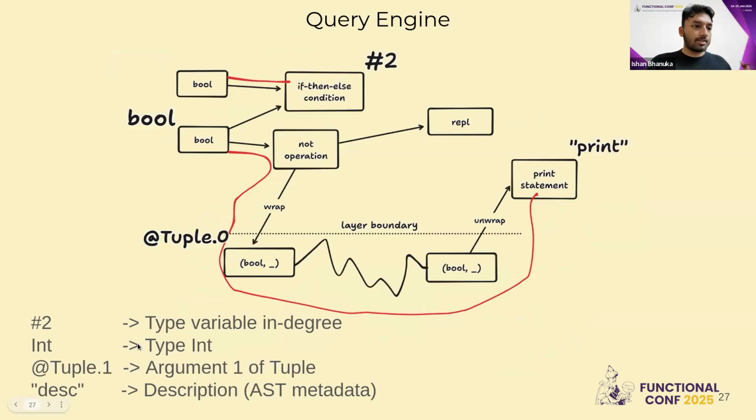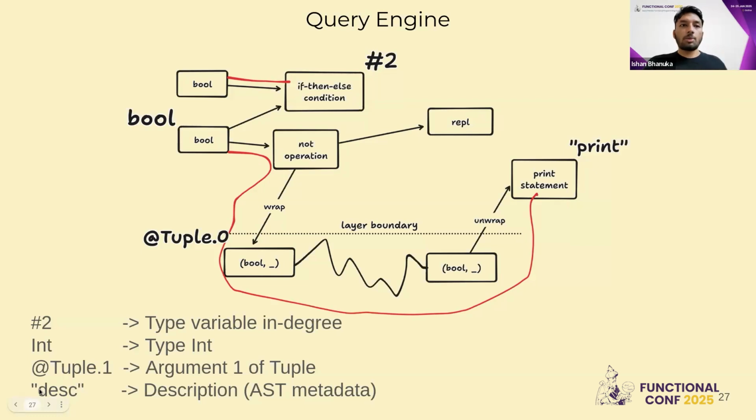I can say that if I have the name of a type, find me all the data flows that have that type in them. I can also ask for constructors. I can say, find me all the data flows that have tuples, but the flow is related to their first argument.